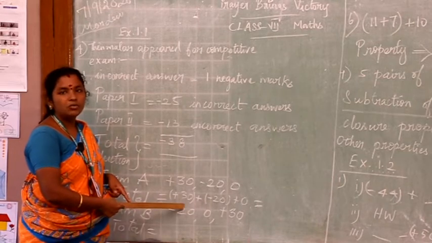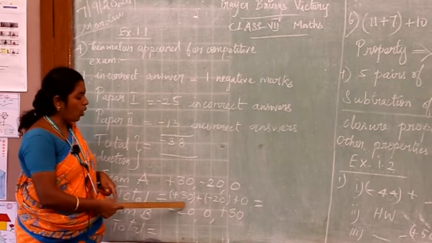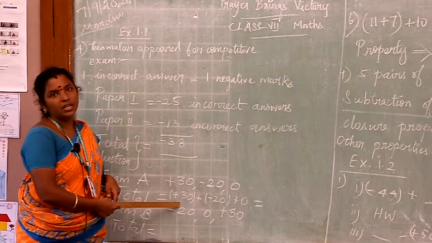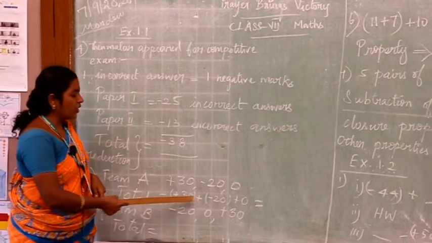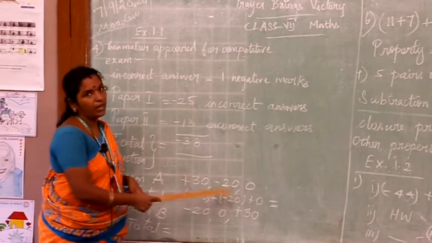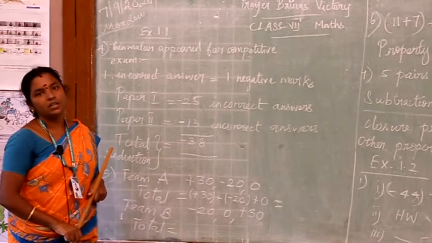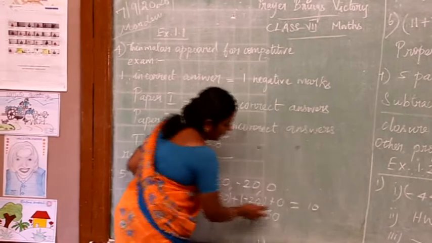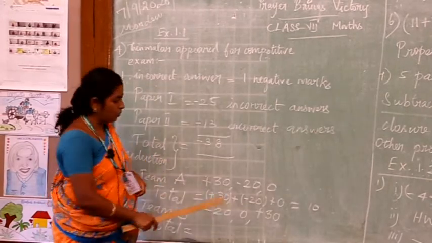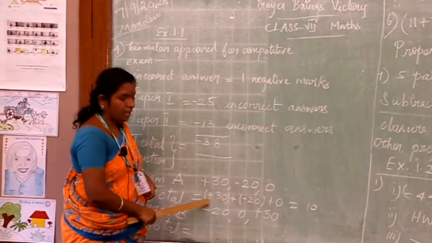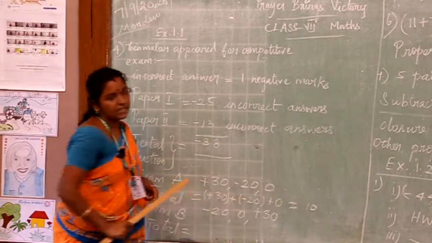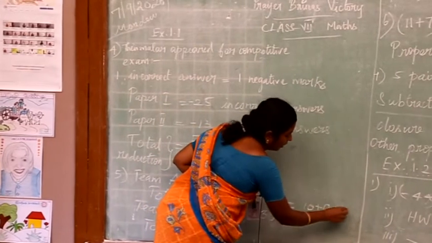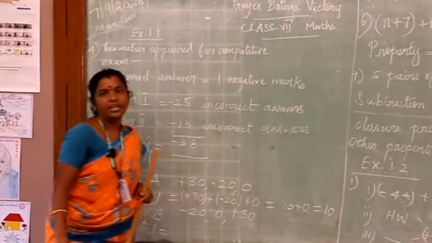What is the operation for opposite signs? Subtract, and put the greater number's sign. Subtracting 30 minus 20 gives 10, and the greater number is 30, so we give the plus sign. So it is plus 10 plus your third number 0. Your total score is 10 for team A.